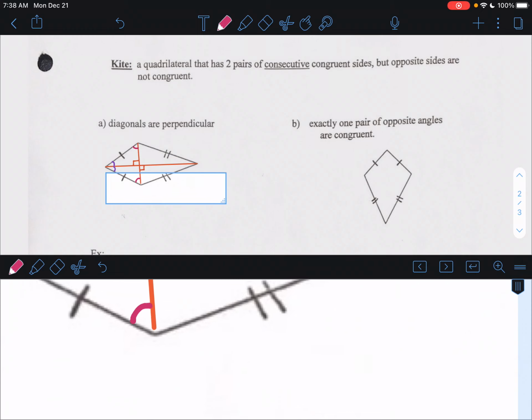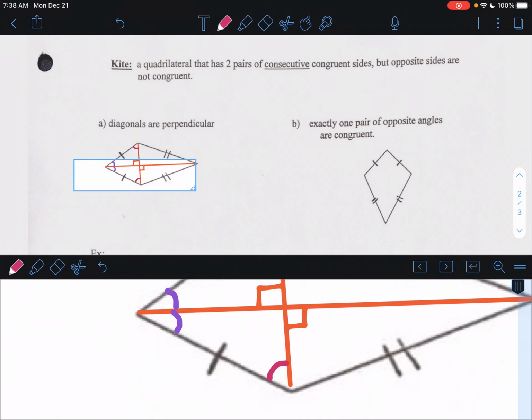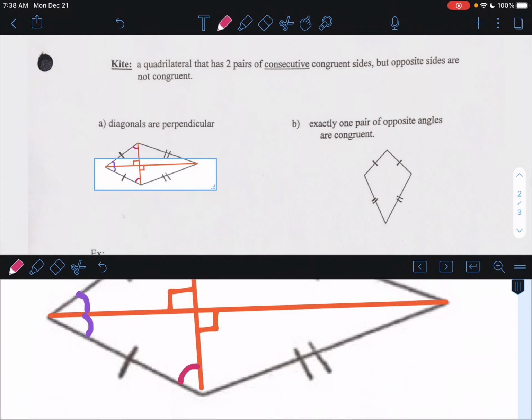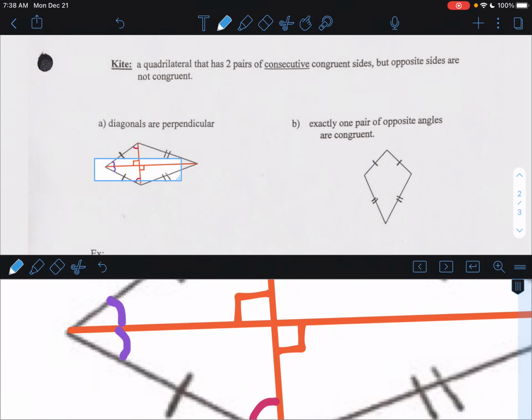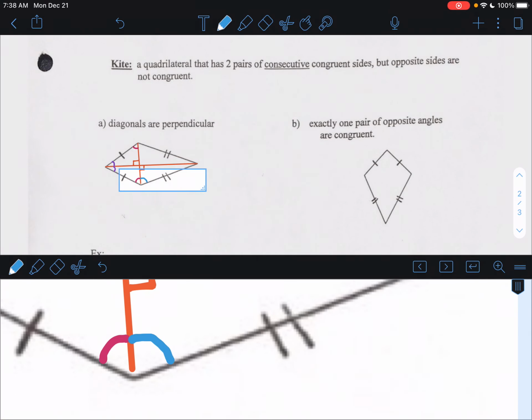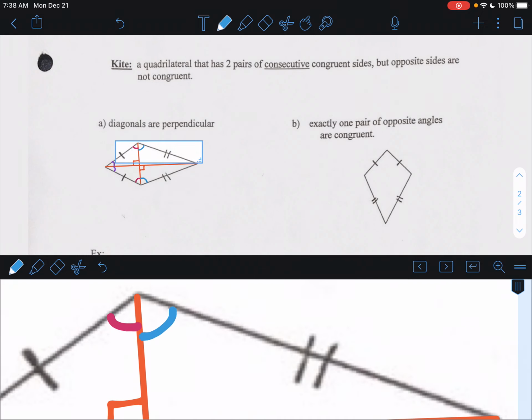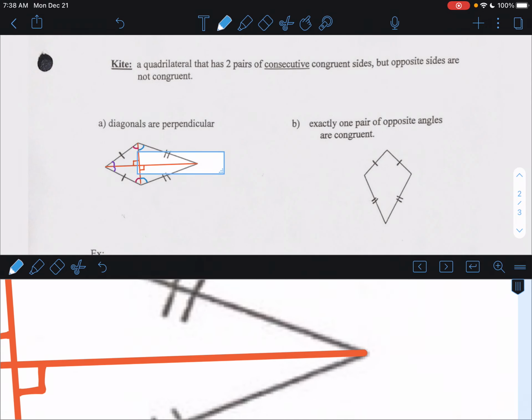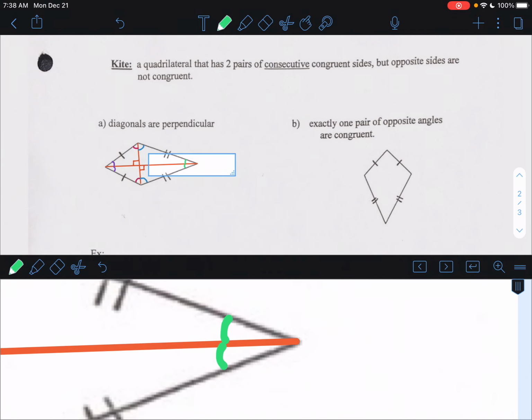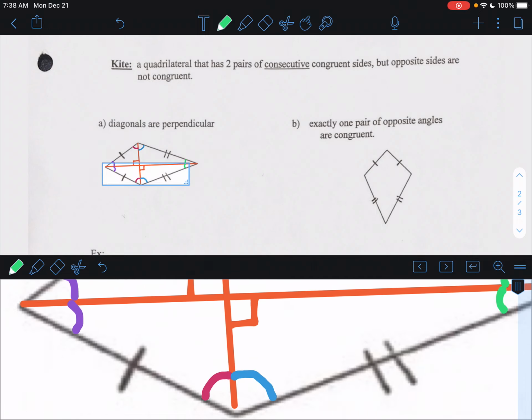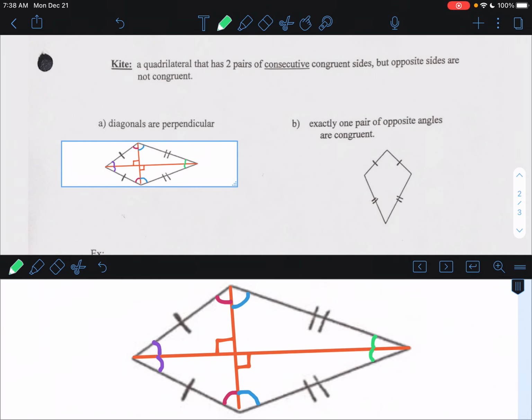I'm not going to be using a bunch of different arc marks because I'd have to go up to 4, so I'm just going to use color coding instead. I also know this is congruent to this. So those two angles are going to be congruent. And then these two angles down here are going to be congruent. So when you draw in those diagonals in a kite, you're going to have 4 sets of congruent angles that form. And we're going to be using that property a lot today.